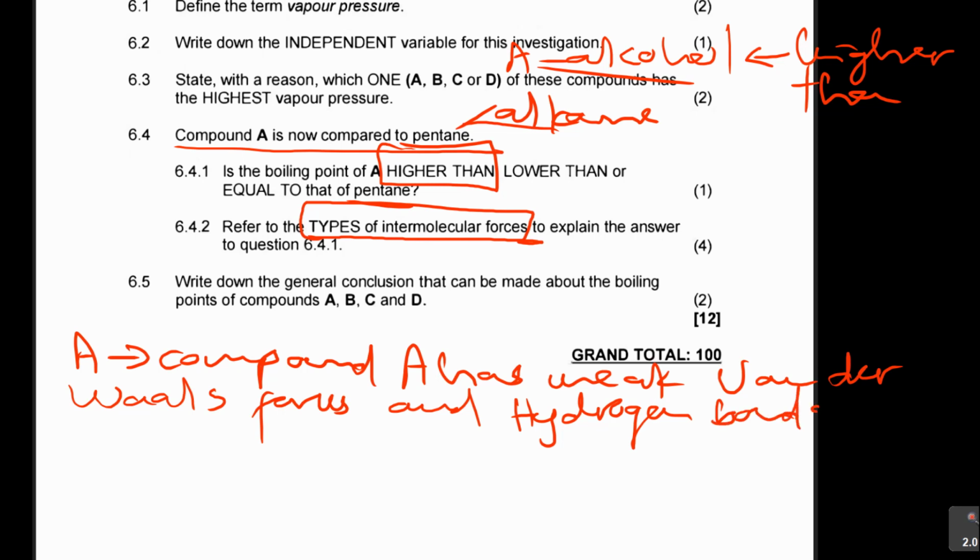That's what compound A has. It has got weak van der Waals forces and hydrogen bonds, because of the OH group.